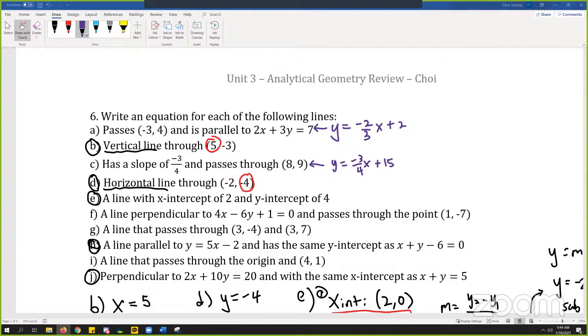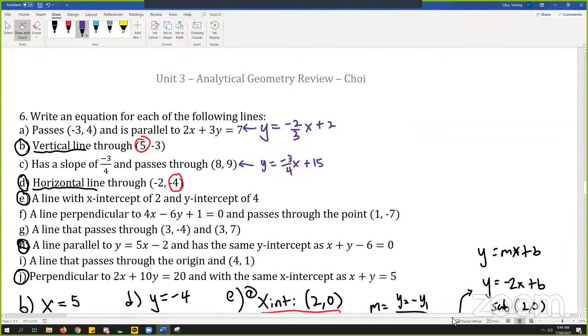The final equation for question F, this one was a little bit tricky, but hopefully you got it. It should have been y equals negative 3 over 2 x minus 11 over 2. So we were working with fractions for this one here.